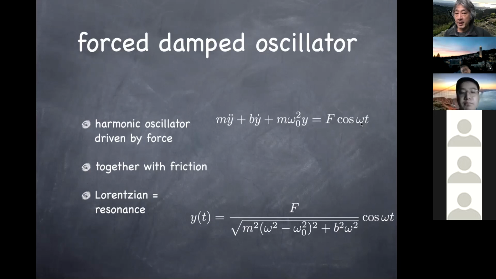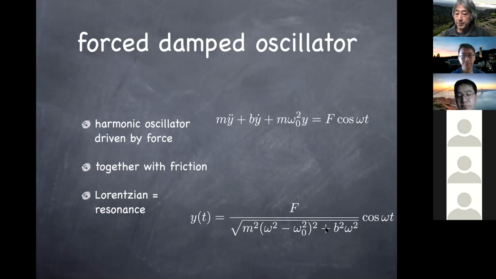But this is a damped oscillator because I also have a force term which depends on the velocity, which is the friction term. So this is a harmonic oscillator, which is driven by a force together with the friction. And you may have solved this equation in classical mechanics class. You'll find this solution.